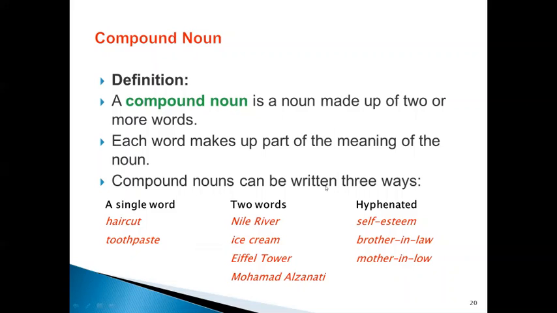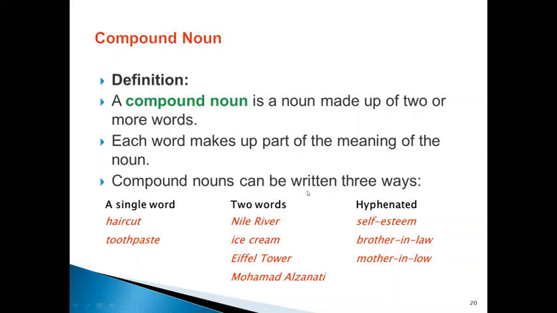Compound nouns can be written in three ways. The first way is without a space. We put the words together: hair and cut, we say haircut; tooth and paste, we say toothpaste. Without making a space, so this is a single word.